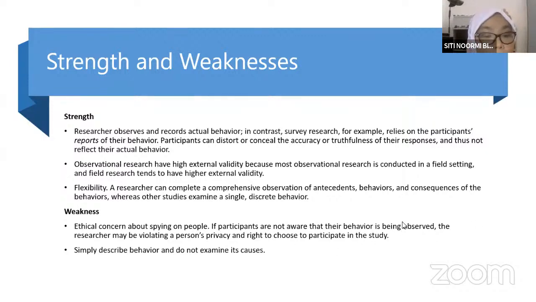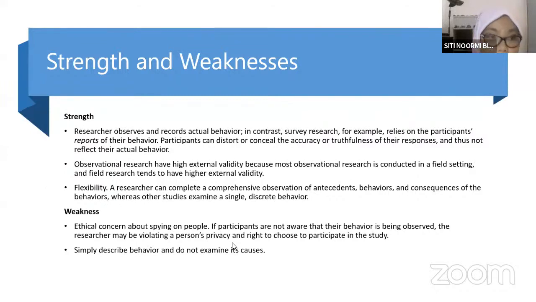Okay, and then we simply describe behavior and do not examine its causes. So if the concern is beyond the descriptive, in which you proceed further with the next purpose, which is to differentiate, to look for the correlation and so on, this would probably be an advantage.